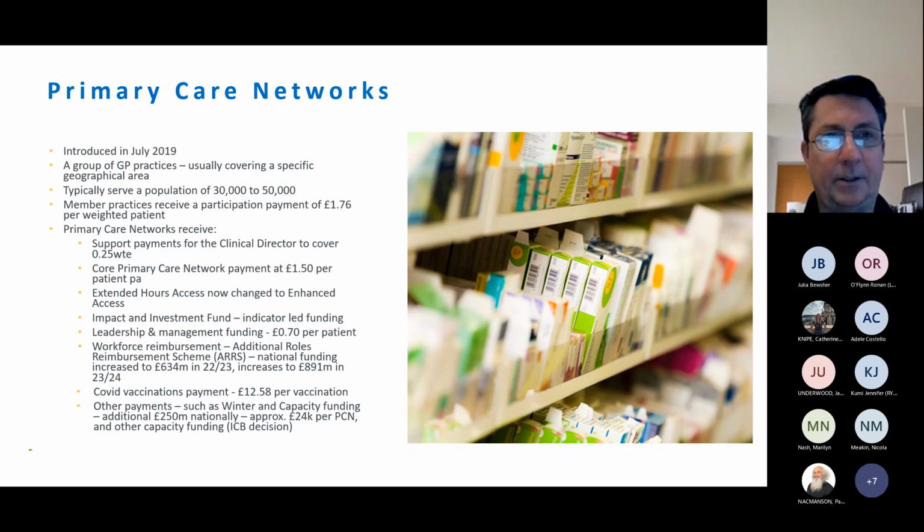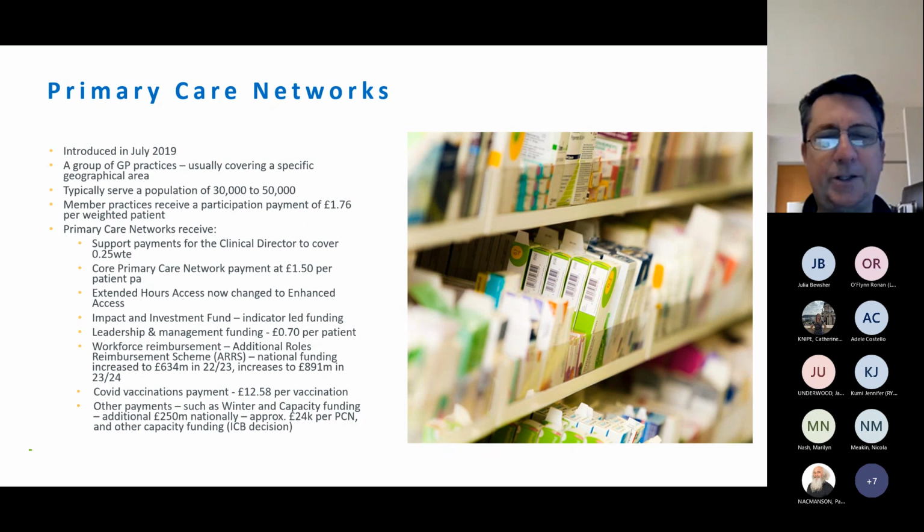Right, and now back into primary care networks. These were introduced in July of 2019. The aim is to group, within a local geographic area, a group of GP practices, and it typically serves a population of between 30 and 50,000.